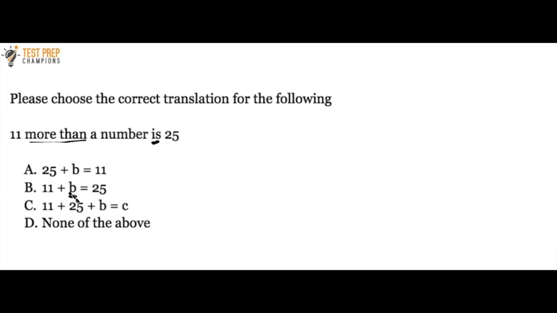And in the multiple choice answers, they have B, but it could have also been A, it could be X, it could be Y. It doesn't really matter, but the correct answer here is B. We take this statement and we put this into math terms. As you can see, we've got 11 plus some number is or equals 25. So B is the correct answer here.